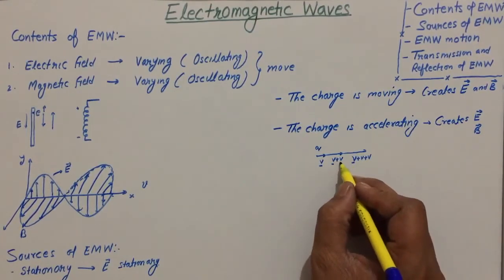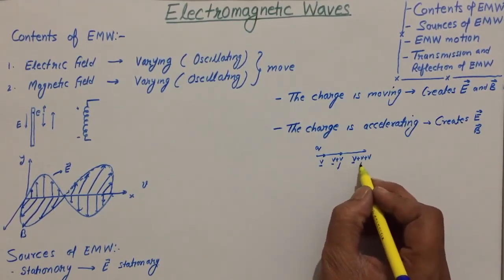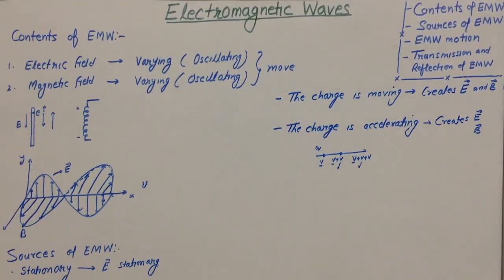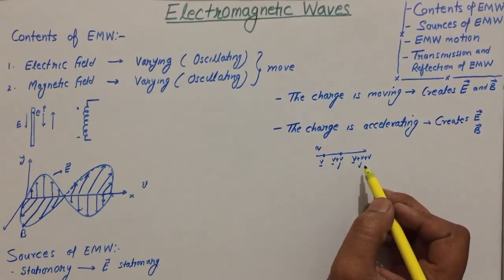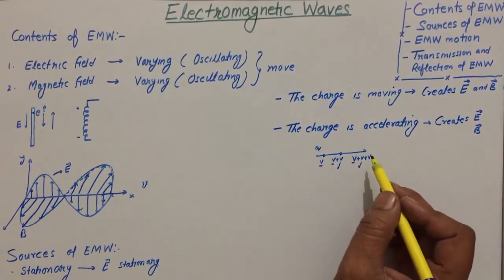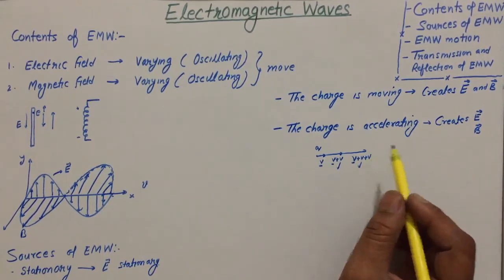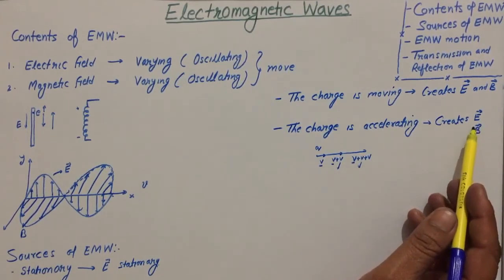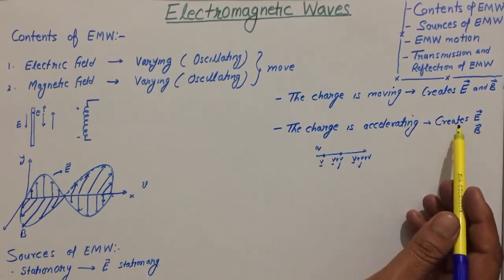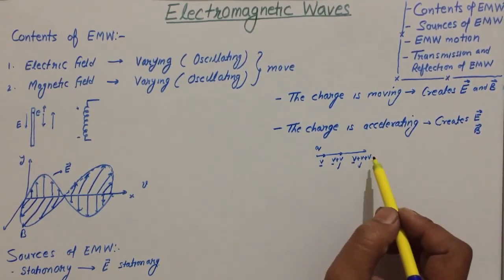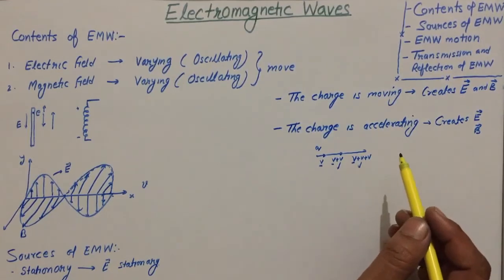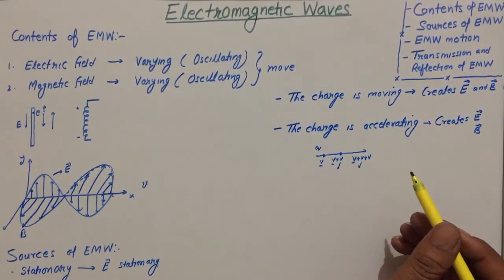And what about the extra velocity that it has? Because of the extra velocity, there will be energy, and that energy pushes the E and B, and that starts moving, and its movement is called electromagnetic wave.